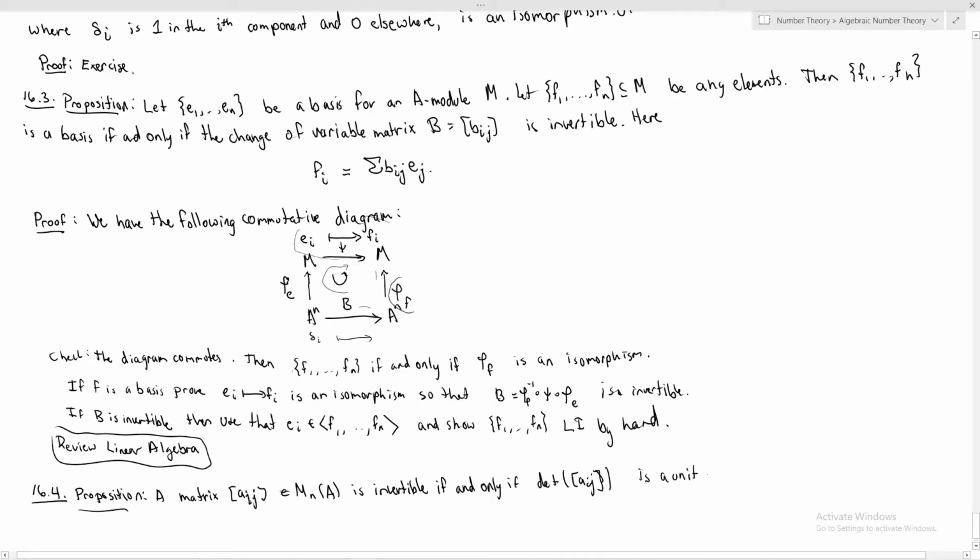Okay, so remember in the case of fields, you just need the determinant to be non-zero. That's because every non-zero element in a field is a unit. In the case of rings, I really need this to be a unit in my ring.